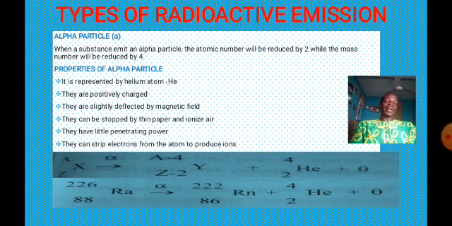In this case, the atomic number of radon is 86 and the mass number of radon is 222. At this point, who can tell us the difference between the atomic number of radium and the atomic number of radon?